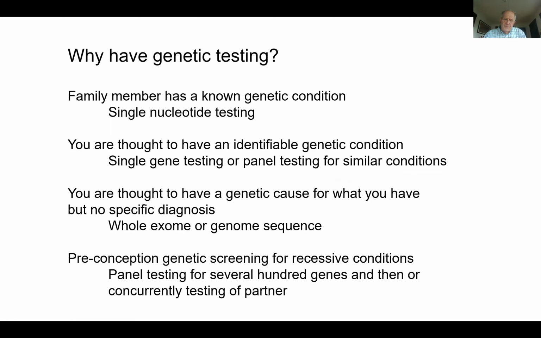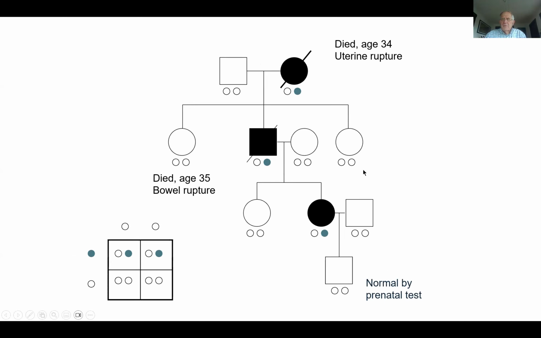And sometimes preconception genetic screening for recessive conditions is done, where panel testing for several hundred genes is done, and then, or concurrently, testing with a partner is done as well to see if there's a risk for having a genetic cause. So many of the genes that we deal with about aortic aneurysms are inherited as having one alteration, one copy of the gene that's altered, like COL3A1.